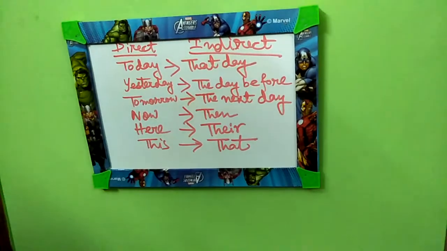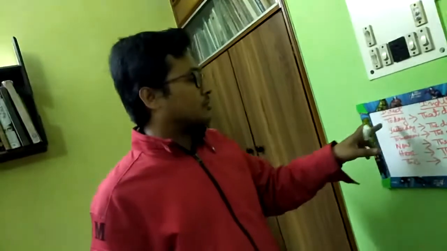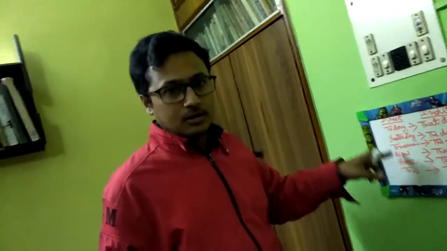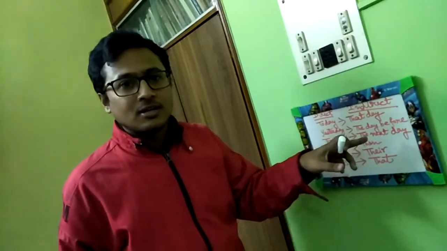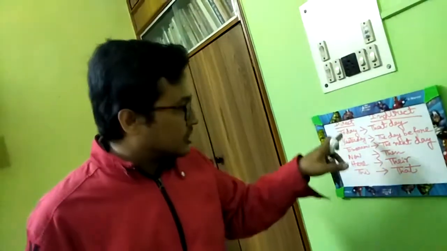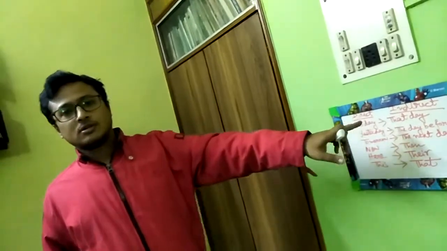But remember, students, if the verb outside is in past tense, and these adverbs are there in the sentence, then when you are changing this into indirect speech, these adverbs will take these changes.